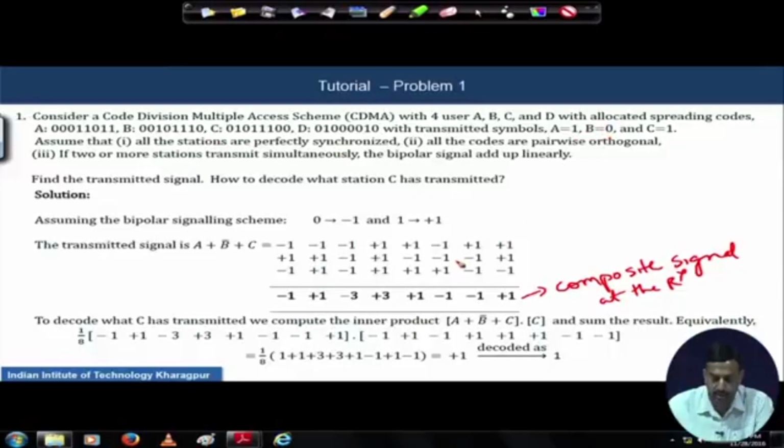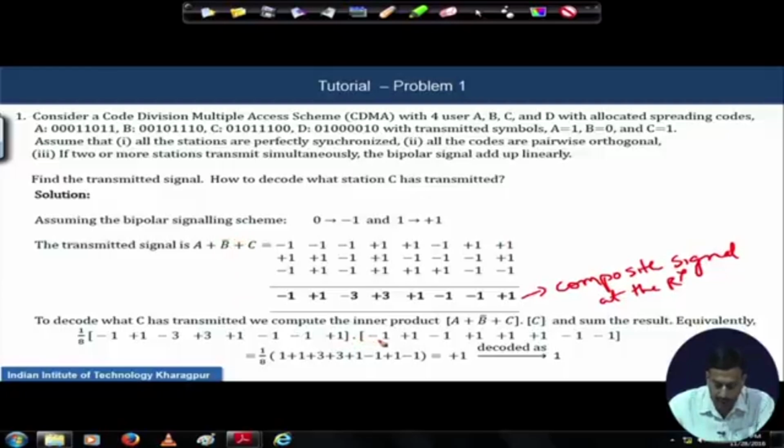So you can repeat this example by choosing to find out or decode what station B has transmitted, for example. So all you need to do is once again take the composite signal and this time multiply it by the code of B. So just remember that although B was 0, and in order to represent the spread signal we had used the inversion or complement sign.